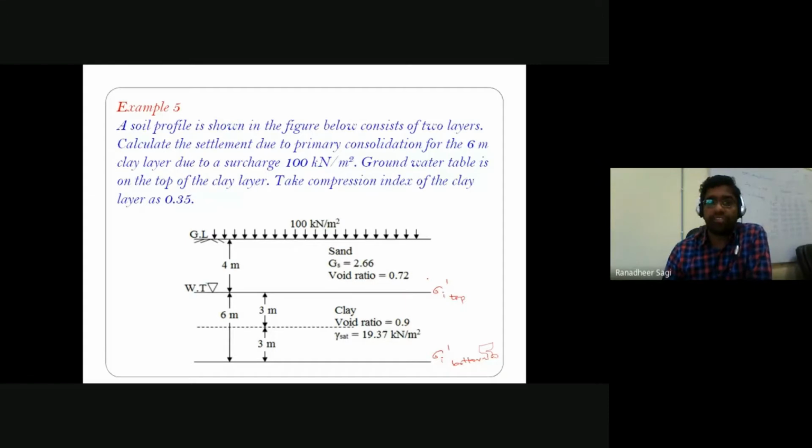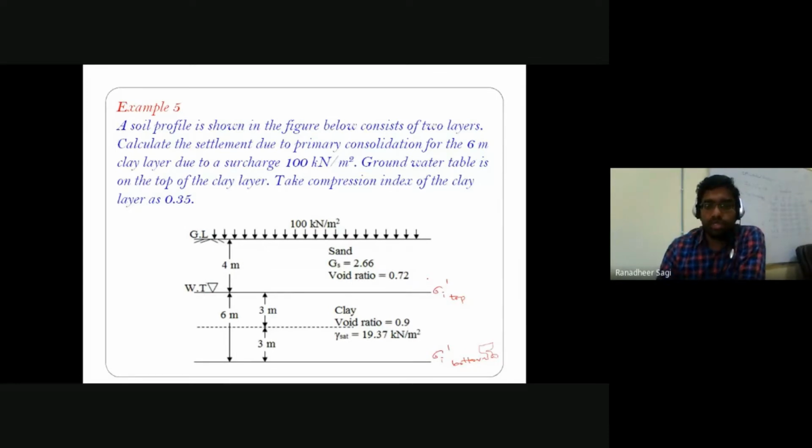Now, the initial effective stress in the clay layer at different depths is going to be different. So at which depth are we looking? Generally, whenever you are trying to estimate settlements, we take into consideration the stress calculations, whether total stress, pore water pressure or effective stress.